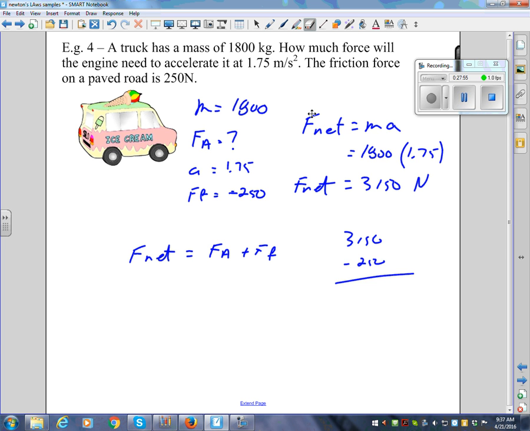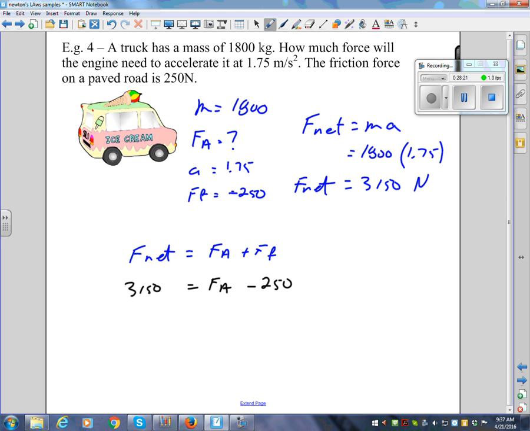This is the first lesson in the shortcuts aren't going to cut it anymore. The net force is 3150. So put 3150 in for the net force. You are solving for the applied force, and the friction force is minus 250.